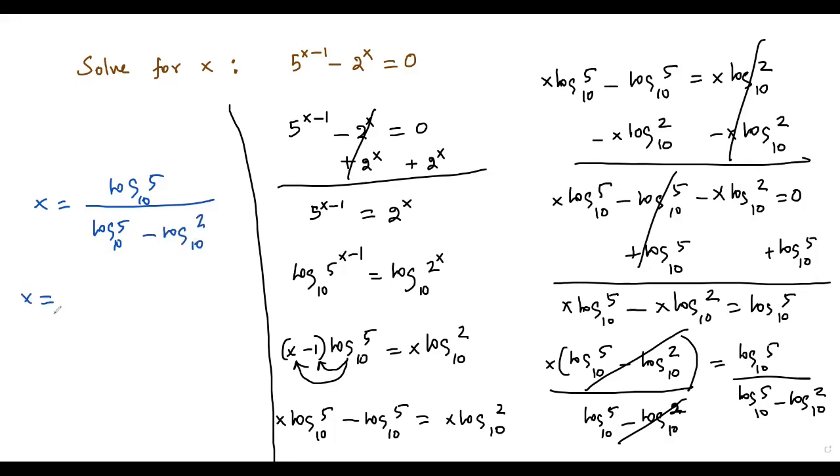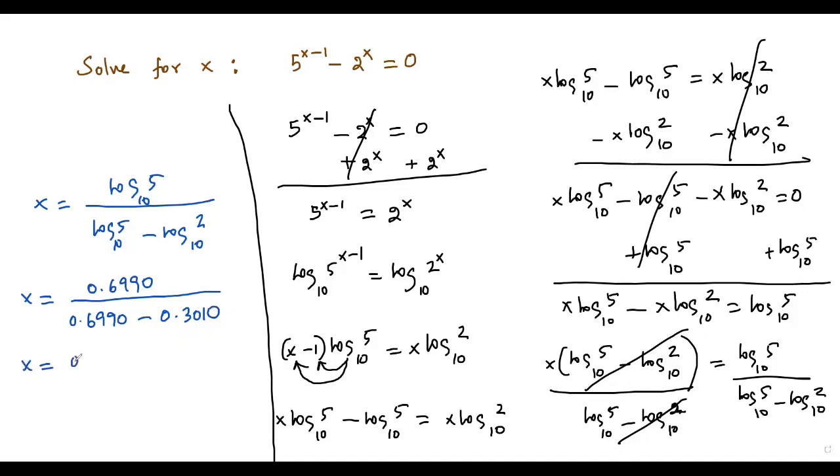We can use our calculator to get the value of log base 10 of 5. It's 0.6990, rounded to 4 decimal places. Here again, we have log base 10 of 5, so the same value we can plug in over here. The value of log base 10 of 2 is 0.3010, also rounded to 4 decimal places.